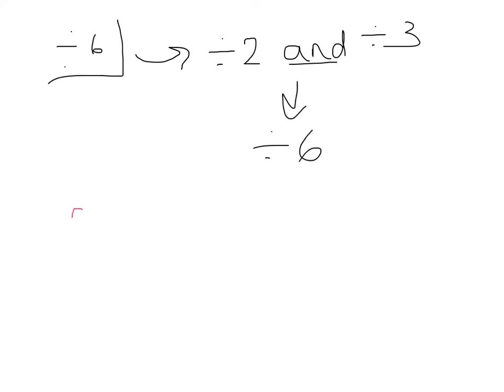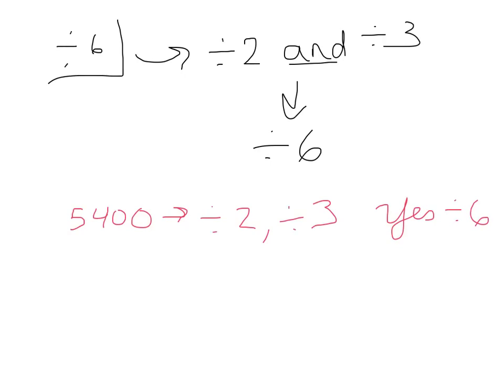So if I look at 5,400, since it was divisible by 2 because it ends in a 0, and divisible by 3 because 5 plus 4 plus 0 is 9, and 9 is divisible by 3, I would say that yes, it is divisible by 6 as well. It has to be divisible by both 2 and 3, and then we're able to say it's divisible by 6. So hopefully this has been helpful. Looking forward to practicing divisibility.